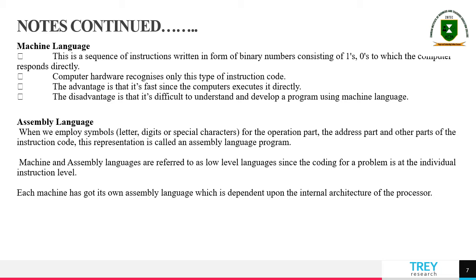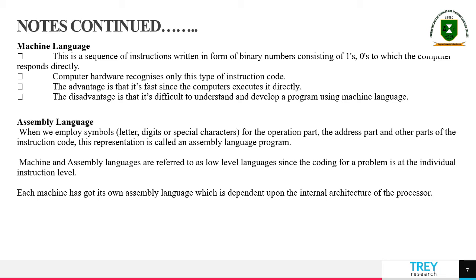Let's go to assembly language. When we employ symbols, for example letters, digits, or special characters, for the operation part, the address part and other parts of the instruction code, this representation is called an assembly language program. Machine and assembly languages are referred to as low-level languages, since the coding for a problem is at the individual instruction level.